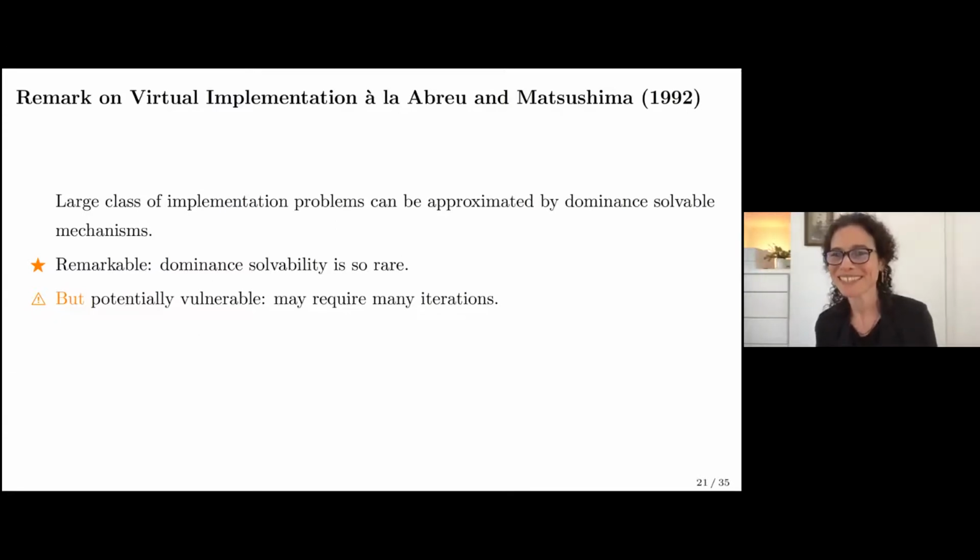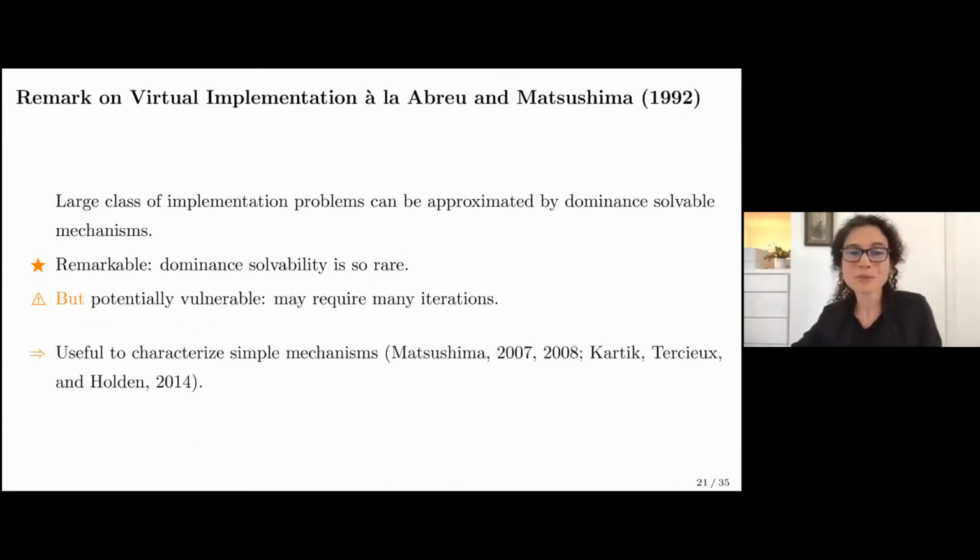In some sense, it suggests that the dominant solvable mechanisms are dense in the set of all mechanisms. So it's quite remarkable. On the other hand, it also warns us that there might be a vulnerability there, in the sense that we may need a lot of iterations in these mechanisms that are used for approximation.